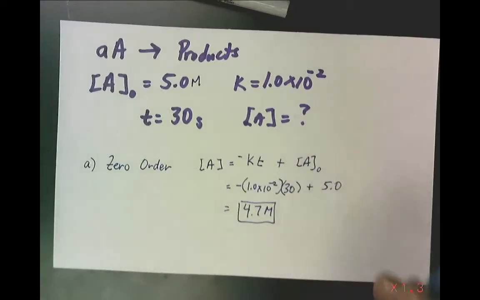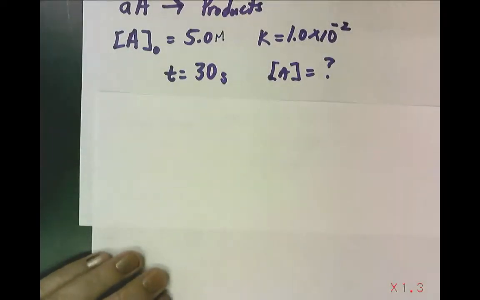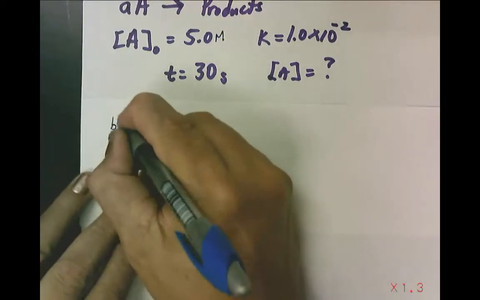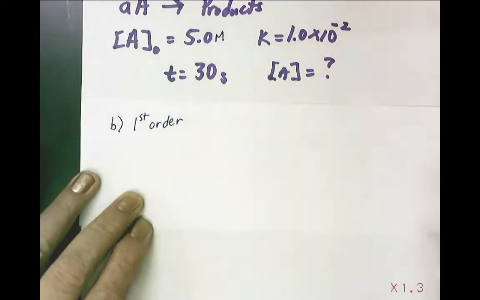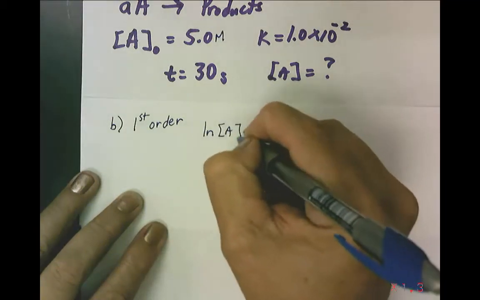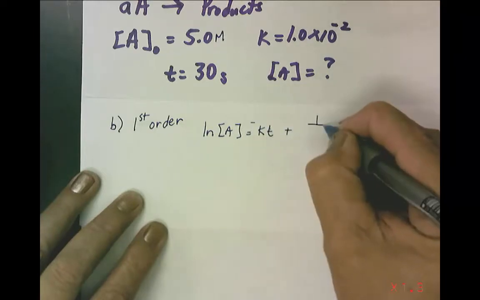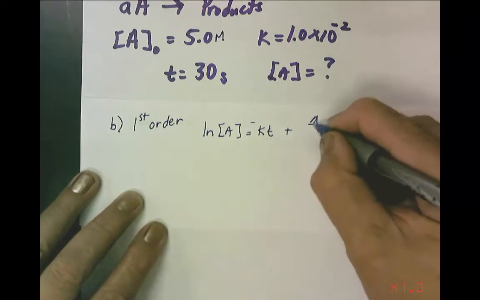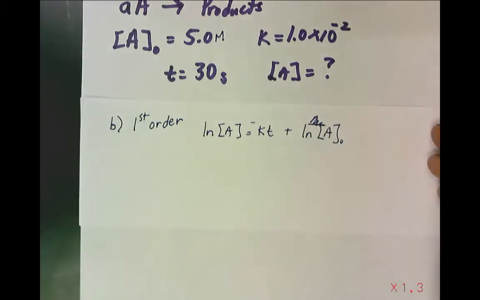Okay, now let's go on to first order. So you have to remember first order formula. That deals with natural log. So we've got first order. Okay, so that's natural log of A equals negative KT, plus, not 1 over, sorry, getting into the second order already, natural log of original concentration.